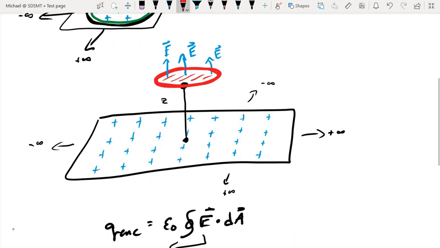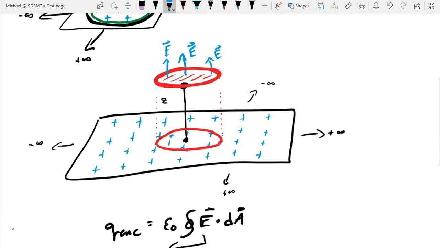So what I'm going to do is I'm going to draw a little dashed line that comes down here, and I'll draw another dashed line that comes down here. And if I were to just drop that disk down onto the surface of the infinitely charged sheet, then the sampling of charge would be that of a disk.